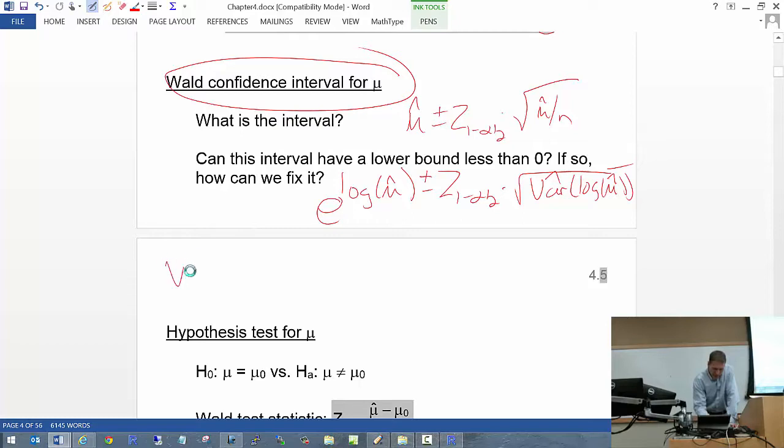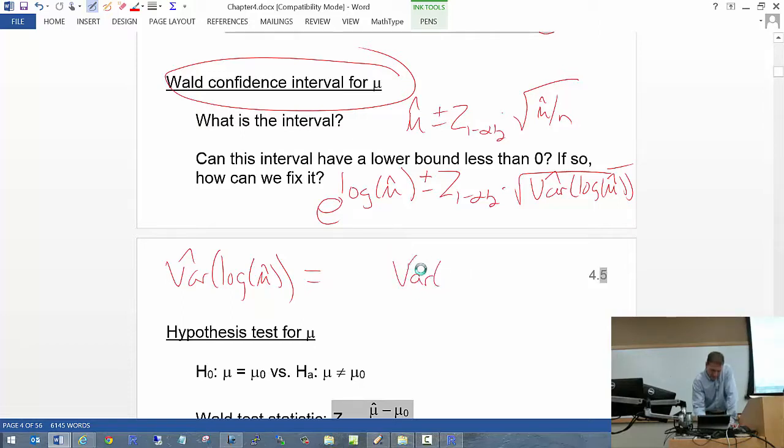Okay, so I want to know, what would be the estimated variance of log of mu hat? This is how the delta method works. It's actually based upon a Taylor series expansion, if you've ever heard of Taylor series expansions. I won't get into the details behind it, but it's very simple to apply.